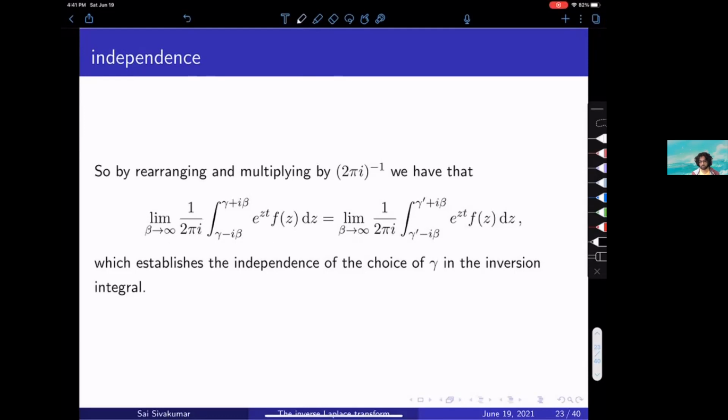So it doesn't matter which gamma you choose as long as they're both greater than that x naught that we fixed earlier. And of course we want to multiply by this because we did not have that earlier, but we can just put that in because they're just equal. And so these two are going to be the inversion integrals. So that's cool. So gamma doesn't matter.